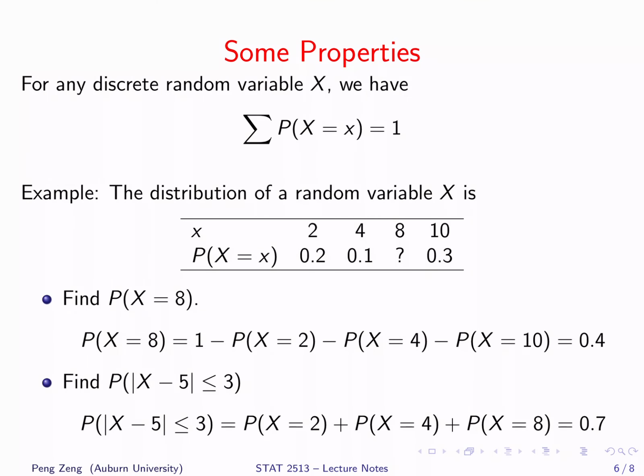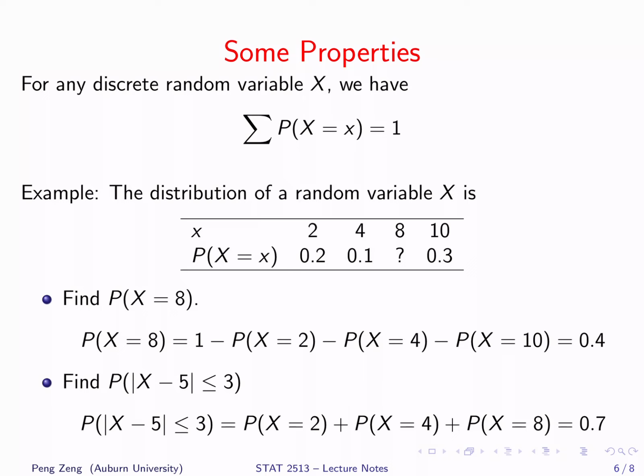The most important property of a discrete random variable is that the sum of probabilities for all possible values equals 1. We can use this property to find any missing probability. In this example, the distribution of X is given in terms of a table. We can see that X has 4 possible values, 2, 4, 8, and 10.